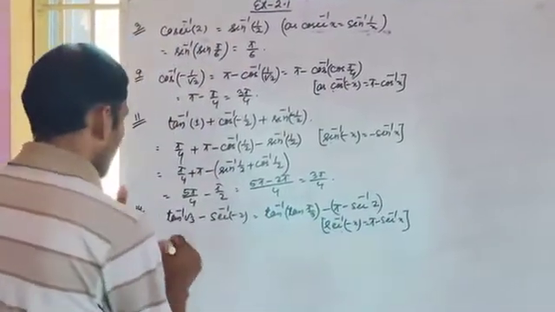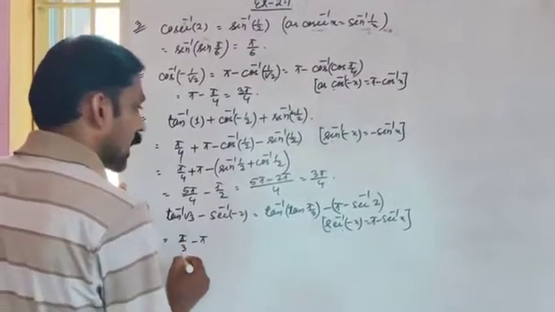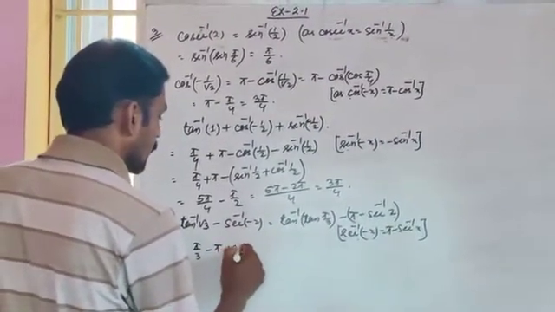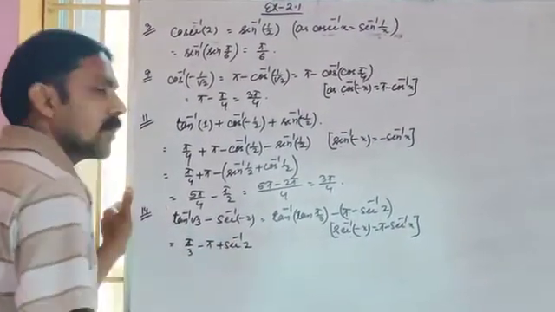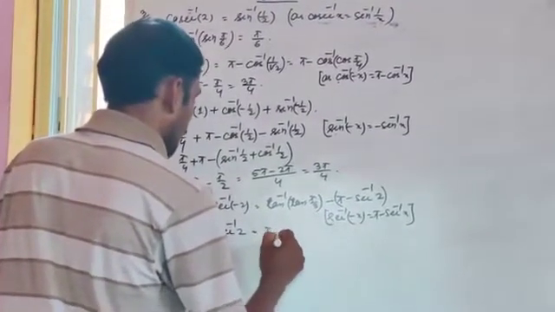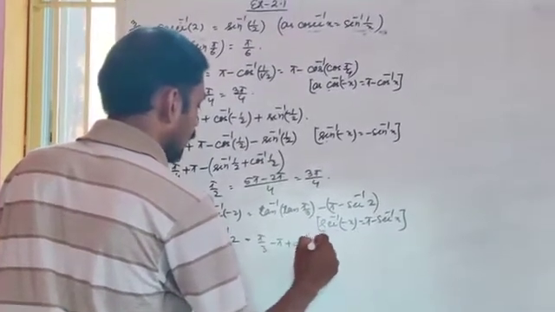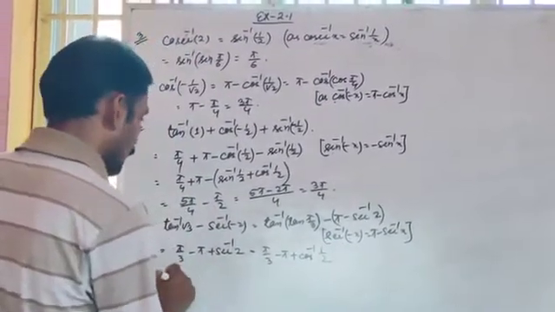Good. So this is pi by 3 minus pi plus sec inverse 2. That is pi by 3 minus pi plus, you can write it as cos inverse 1 by 2.